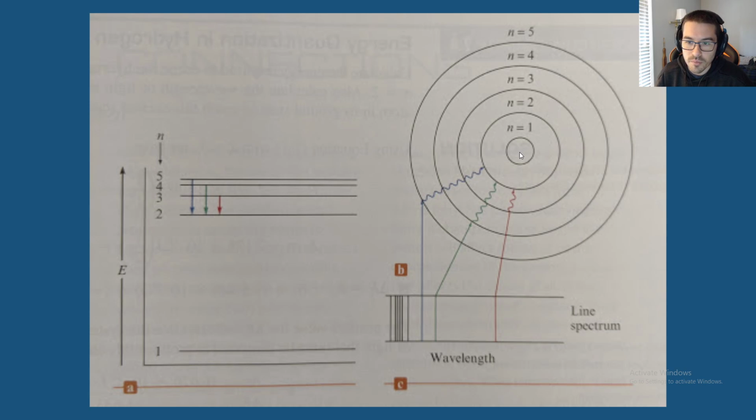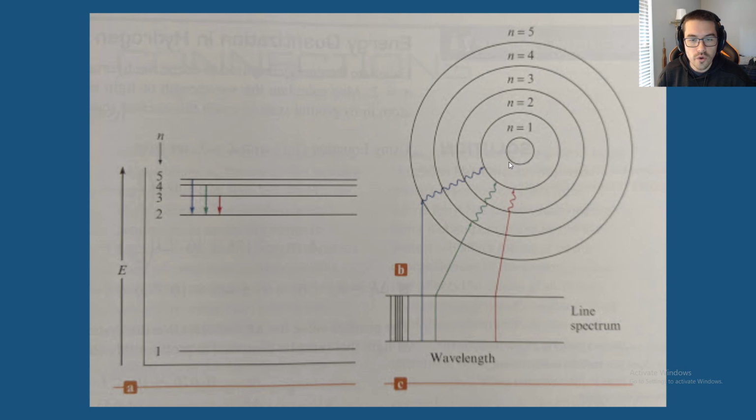That means that if the proton is here in the center, we would tend to think that the electron would want to be as close to the proton as possible, so it would perhaps reside in this first ring here.